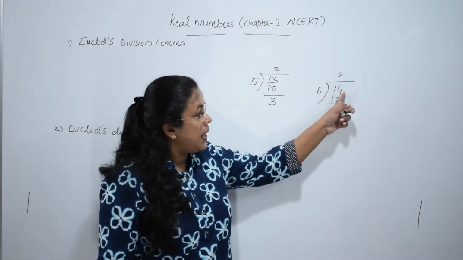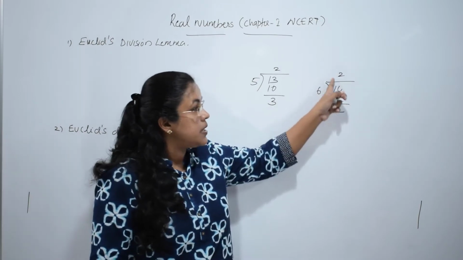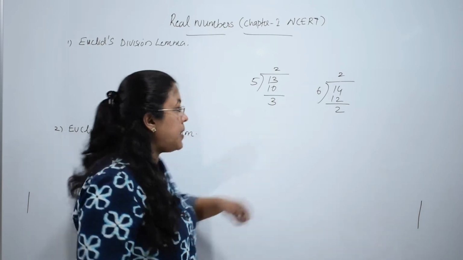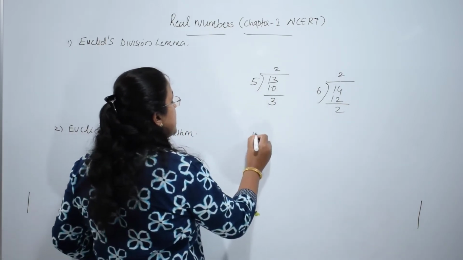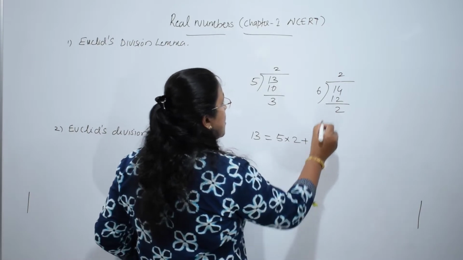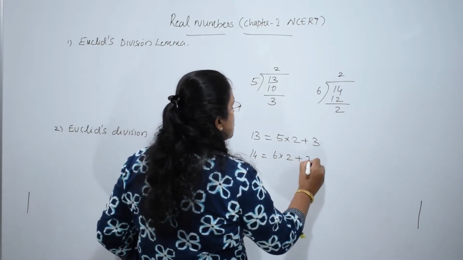Means if we divide a positive number by another positive number, we get a quotient and a remainder. We can write 13 as 5 into 2 plus 3, or 14 as 6 into 2 plus 2.